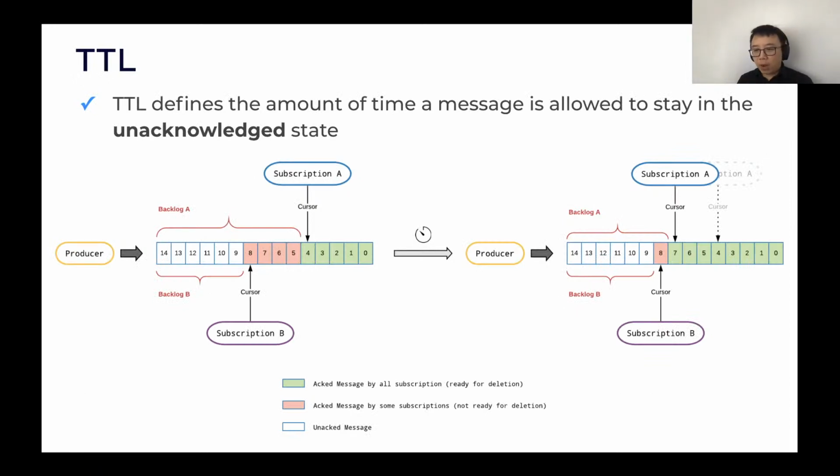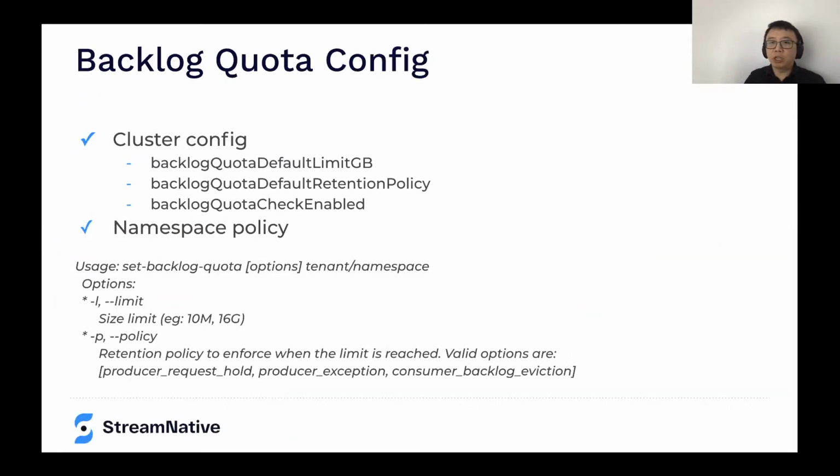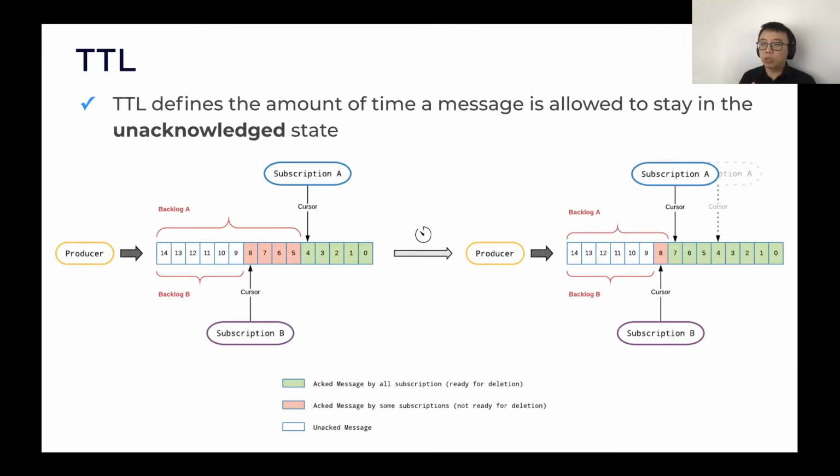And as I mentioned in the previous slides, sometimes when you have a subscription go down and you are not able to bring the subscription back online, that would cause the message backlog to keep growing. You can configure the consumer eviction policy for backlog retention, but sometimes your messages might not be valuable after a certain amount of time, and you want to make sure all the subscriptions can read the latest messages.